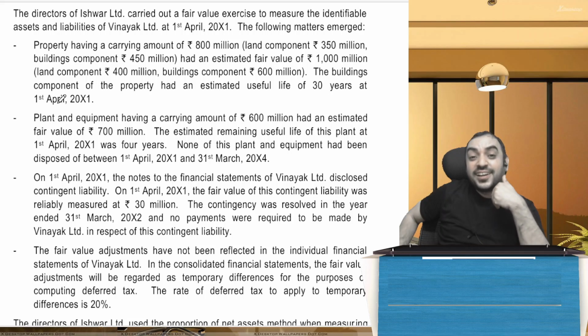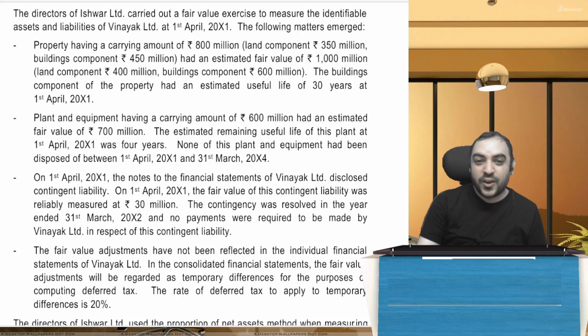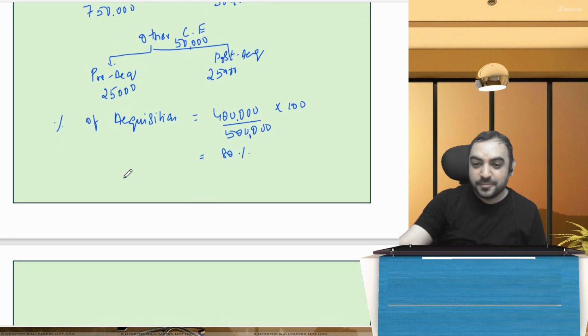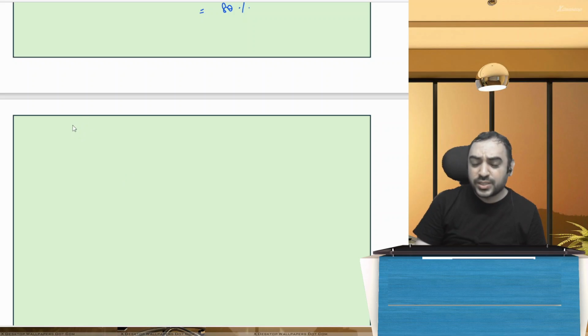And whenever the assets are revalued, that is pre-acquisition profit, and in the subsequent period there will be depreciation, which we have to account for. So let me do it one by one. I can do land and building together, or I can take them separately. I'll do separately. Land, fair value adjustments. What are the things to be considered? What is the fair value gain?